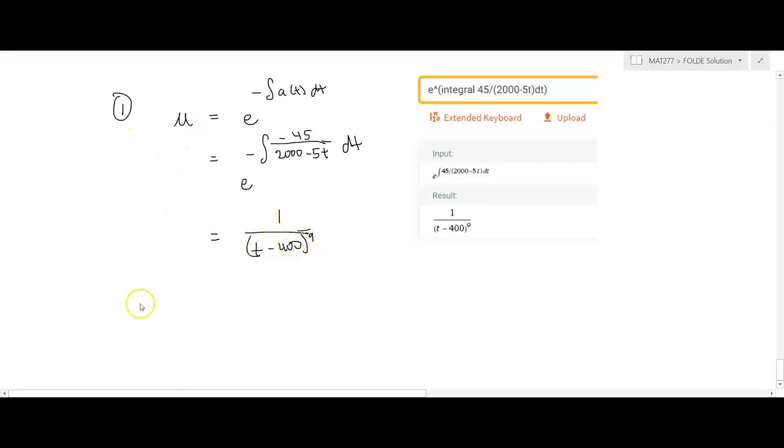Okay, so that means step 2 is to find the general solution, 1 over mu times the integral of mu times b dt. I'm not really sure why I'm not putting mu of t, and I am doing it on the b of t, but here, just to be consistent, we'll remove that.